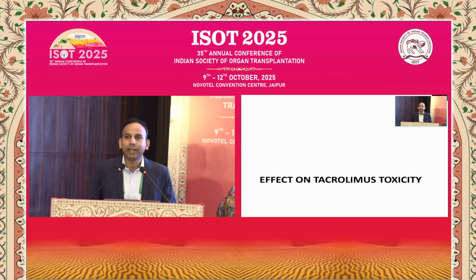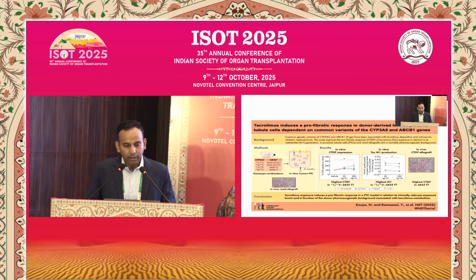Does this affect tacrolimus toxicity? There was one study where they studied the expression of the pro-fibrotic milieu in the tubular cells, and it was found that the donor CYP3A5 non-expressor or expressor status was associated with the development of a profibrotic milieu in these patients.